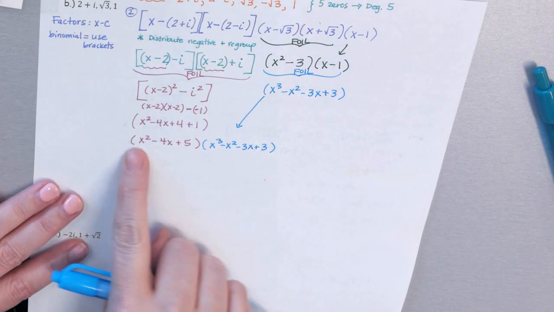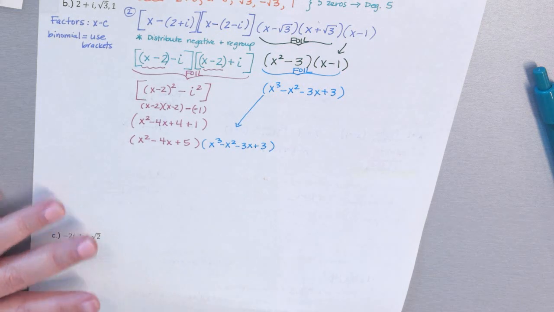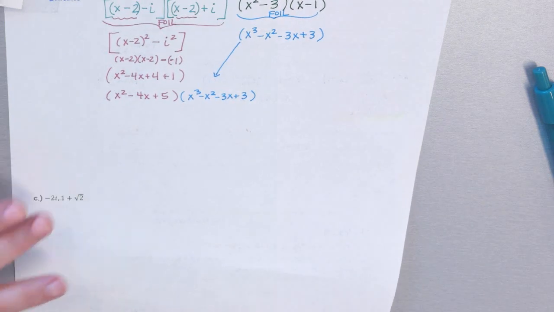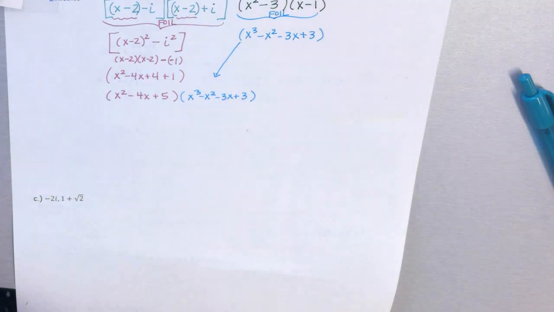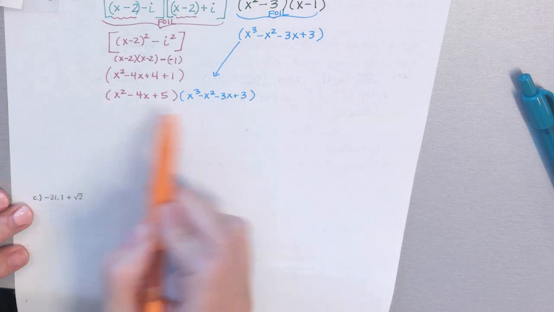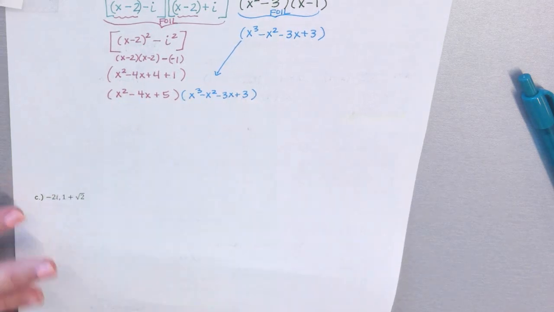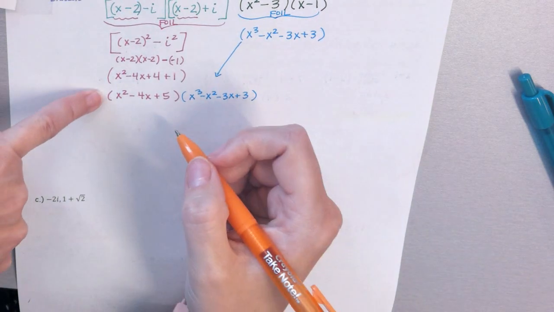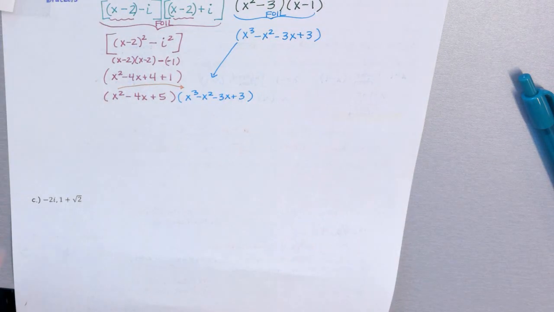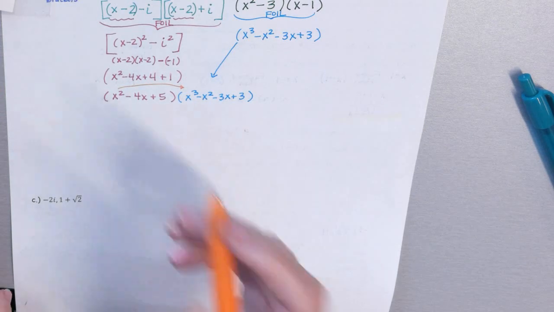Okay, now I have a trinomial and a polynomial with 4 terms. So I do have to use the distributive process here. And you can decide how you want to do that. I know in the past, I've written this out next to this and then distributed. I know this is already a lot of writing, so if you're like, no, I'm just going to multiply everything by x squared, it's perfectly fine.